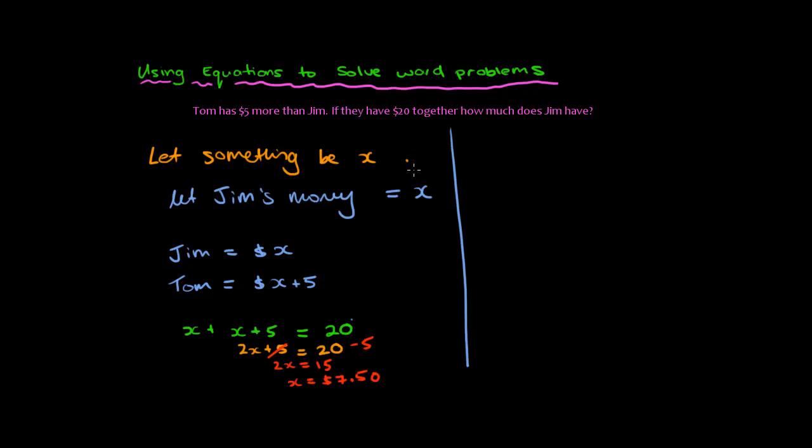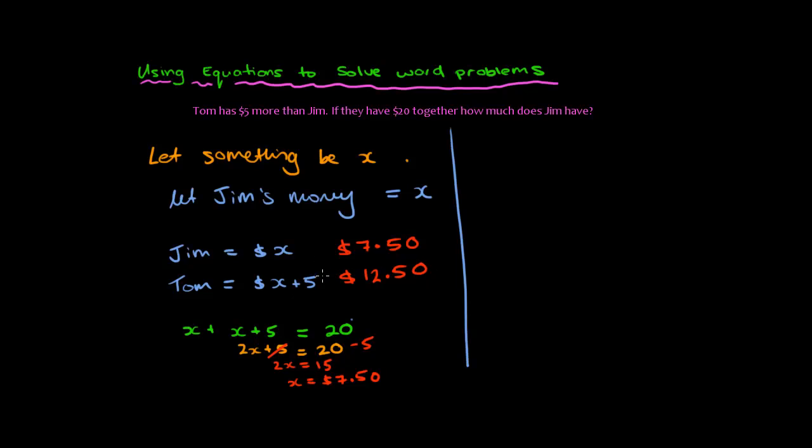In this case, Jim has $7.50. Tom, who we know had $5 more than that, well, what's 5 plus $7.50? That's $12.50. And if I add those two amounts together, we end up with $20.